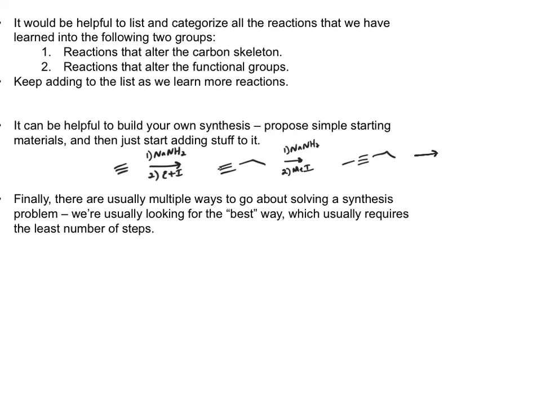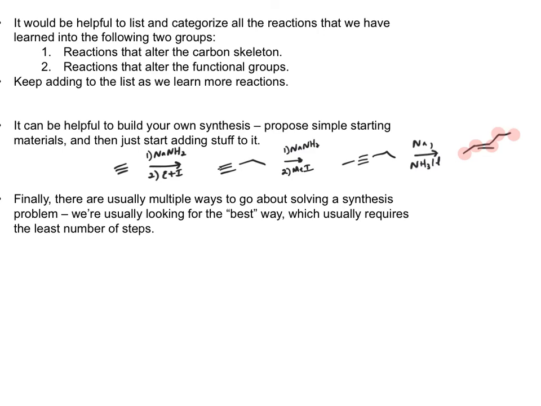Let's say that we wanted to make the trans alkene here. So again, we could say sodium metal in the presence of liquid ammonia. That's going to give us the trans alkene, where we have, make sure I keep track of this, 1, 2, 3, 4, 5.